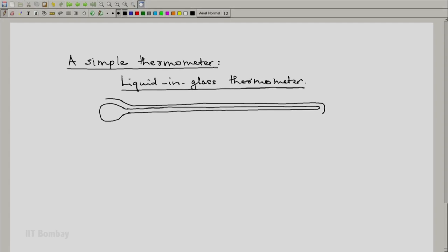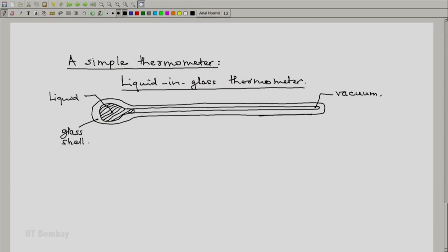It is a closed system, usually enclosed in glass, and there is a liquid, earlier mercury, but since mercury is considered not an environmentally friendly fluid, some other fluid, and the remaining part of the bore is evacuated.